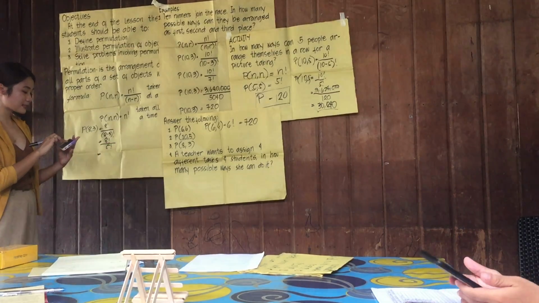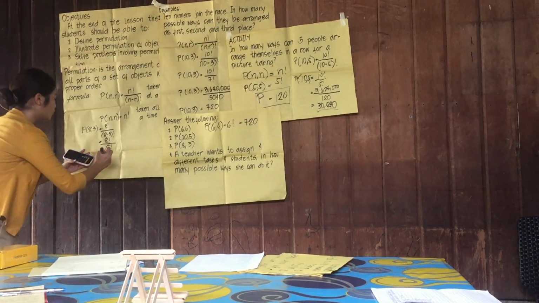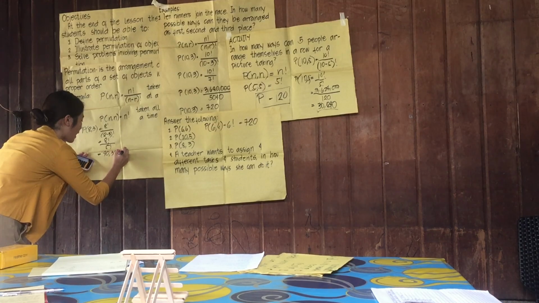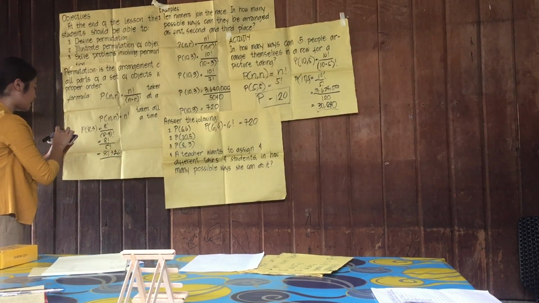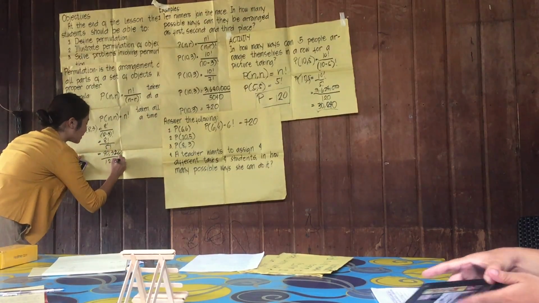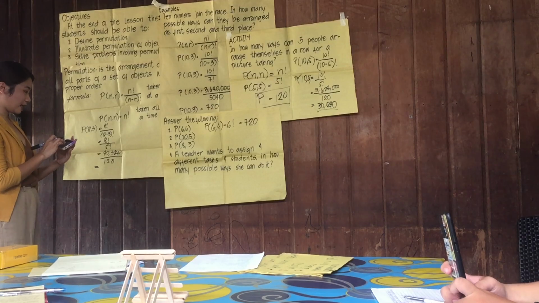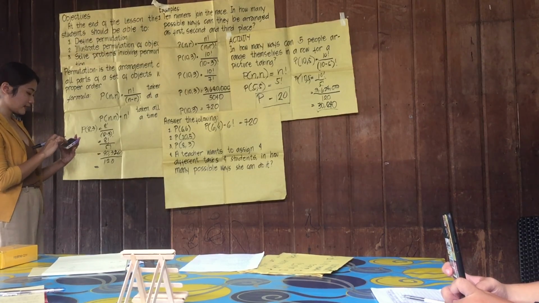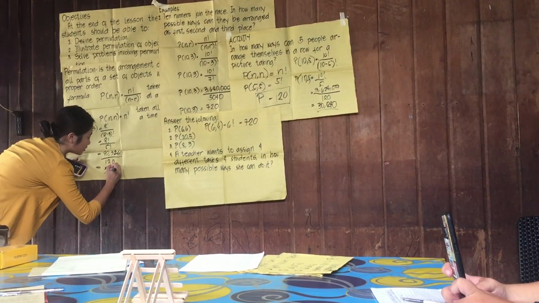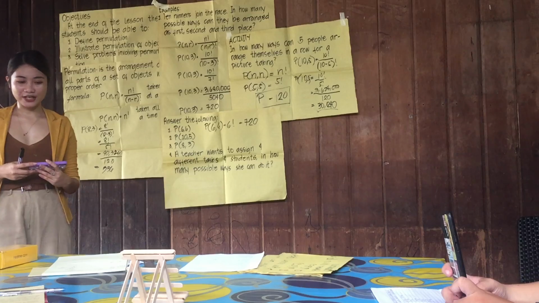Okay, what is 8 factorial? 8 factorial is equal to 40,320 divided by 5 factorial. 5 factorial is 120. Okay, you divide this one. 8 factorial divided by 120 is equal to 336. Okay, did you get it? Yes, ma'am. Okay, very good.